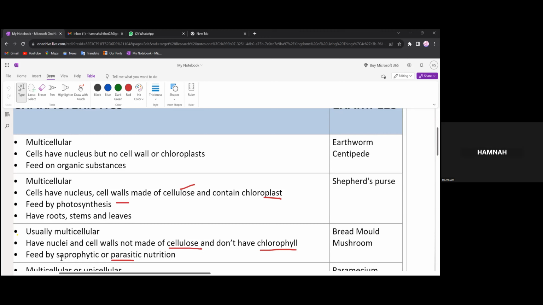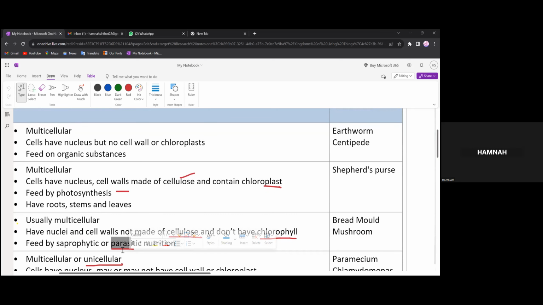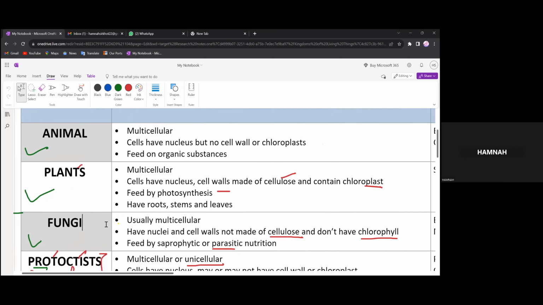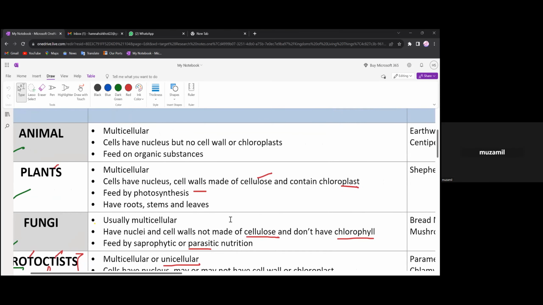Parasitic nutrition would be like a poisonous mushroom, depending on how it feeds itself. So a poisonous mushroom would have parasitic nutrition, and the mushroom that we eat would have saprophytic nutrition, right? So when you think of a mushroom, it's easier to think about the characteristics of fungi.